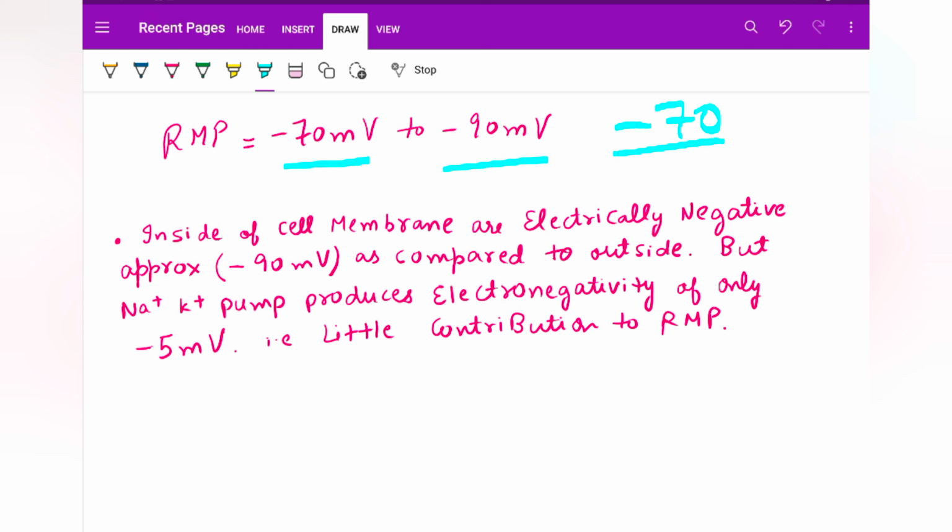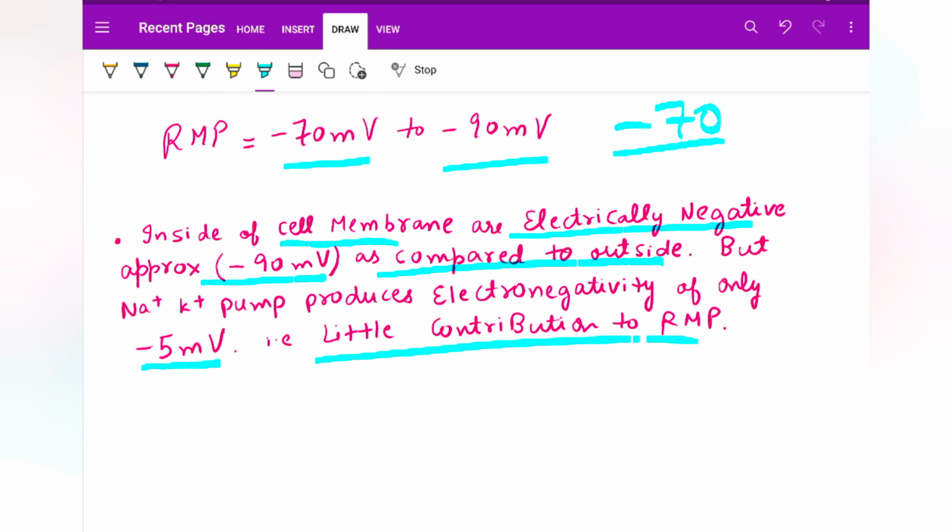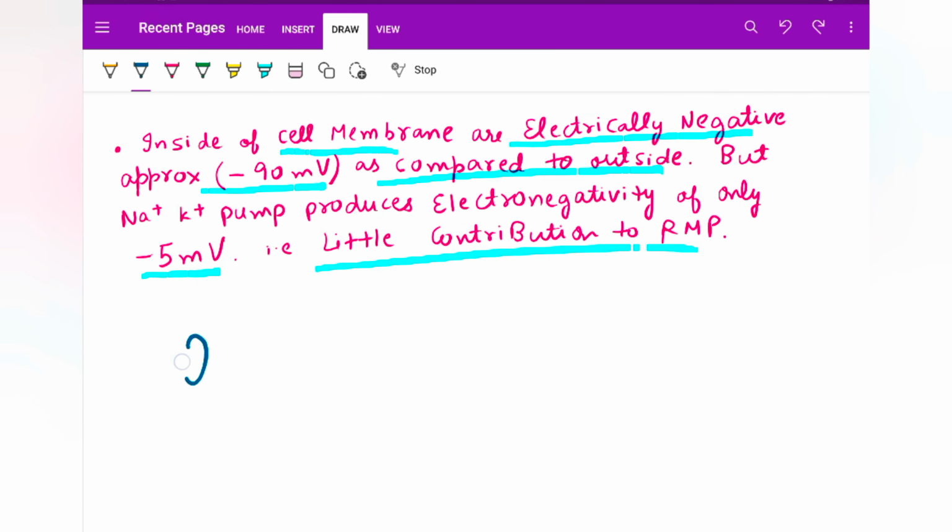So the inside of the cell membrane is electrically negative, approximately minus 90 millivolt as compared to outside. But the contribution of the sodium potassium pump to this RMP is very little, only minus 5 millivolt. If we start from 0 millivolt, the sodium potassium pump helps us reach minus 5 millivolt. Still, there is a long way to go to reach minus 70 millivolt.